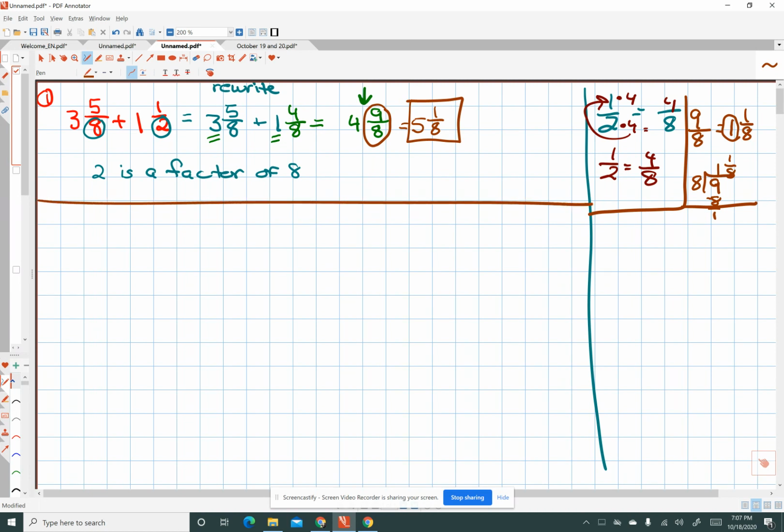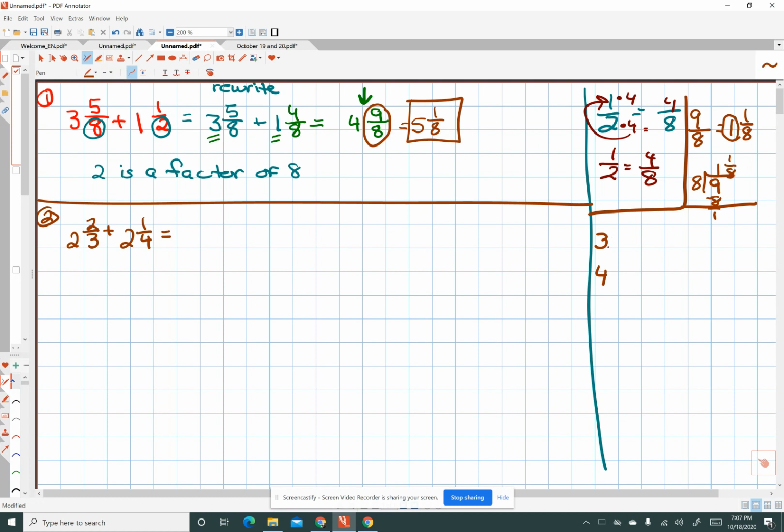So now if we have, let's say we have 2 2/3 plus 2 1/4, we can find that common denominator. Well, the common denominator of a 3 and a 4 is found by looking for multiples of 3 and 4.